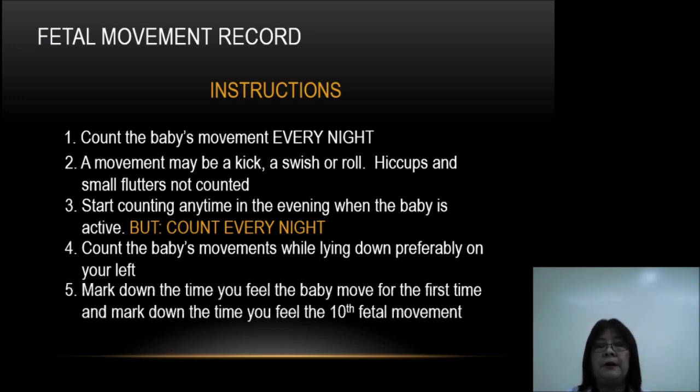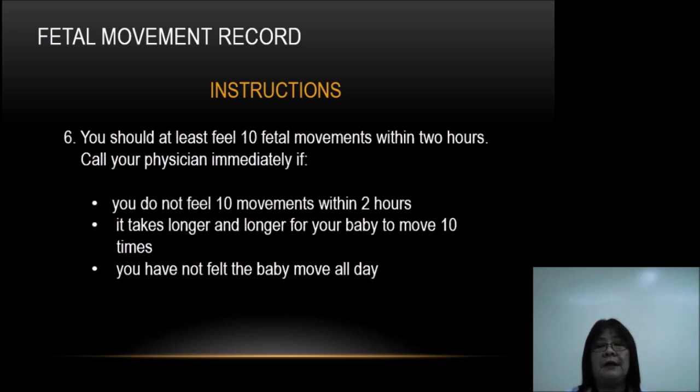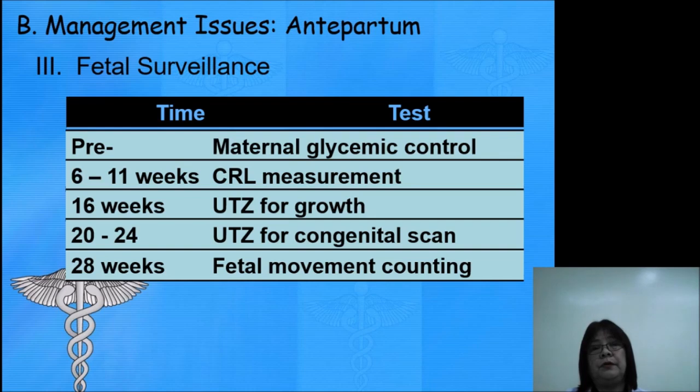And then you mark the fetal movement. You should have at least 10 fetal movements in 2 hours. And if your patient does not feel 10 fetal movements in 2 hours, she should consult the obstetrician. Then do not wait until tomorrow.